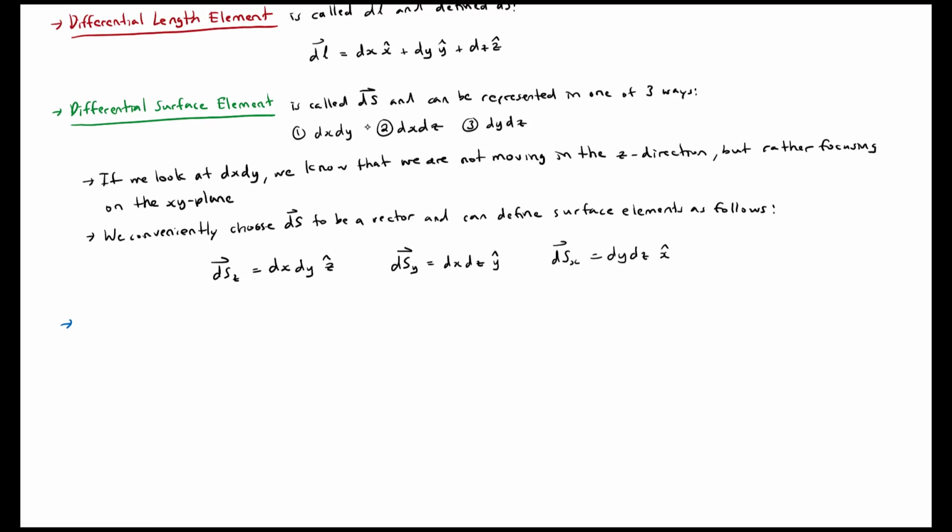So we've covered differential length elements, then we've covered differential surface elements. The next logical one we should cover is the differential volume element. And we call this dv. So with dx, dy, and dz, we can easily calculate a differential volume element called dv.